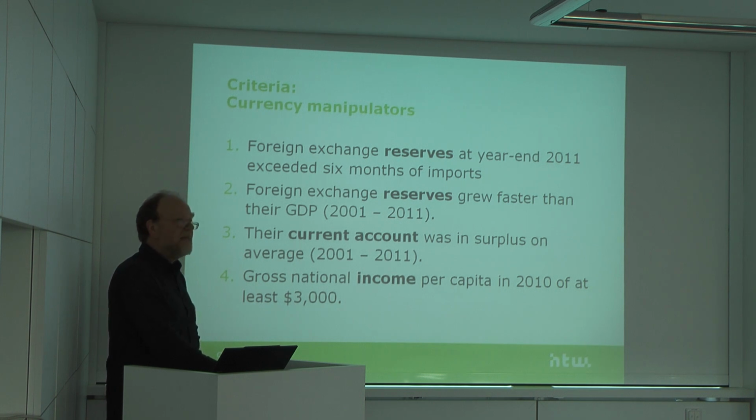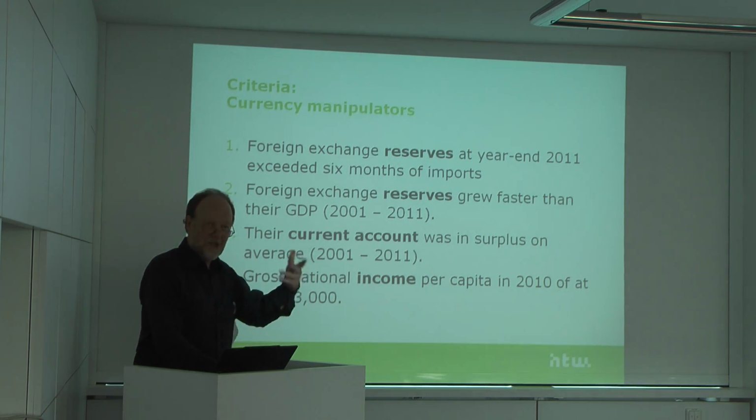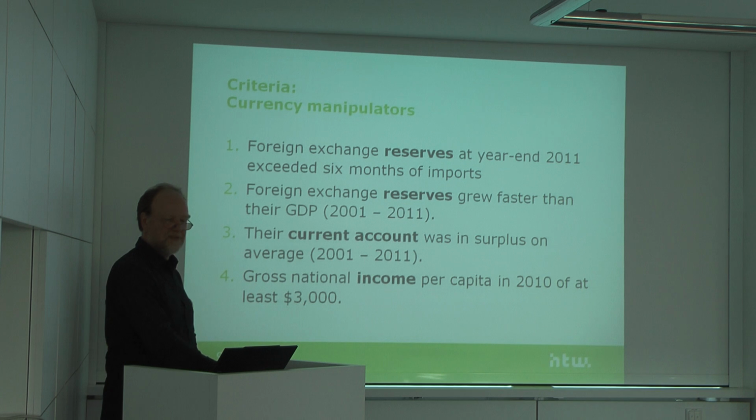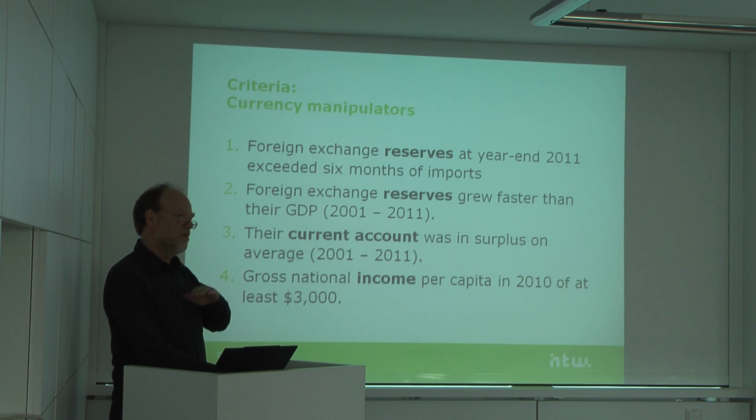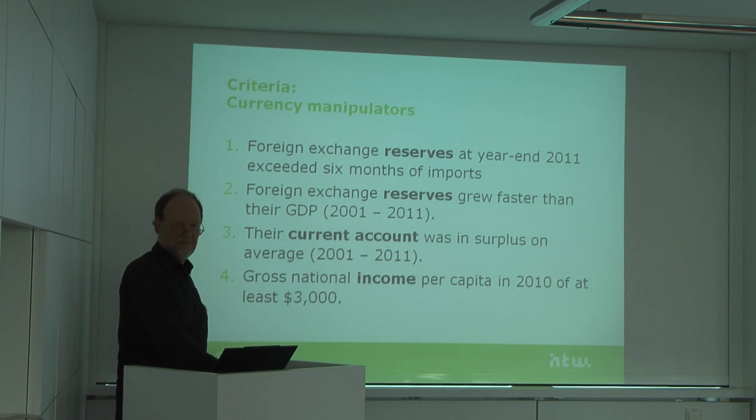In order to define exactly what manipulators are, 4 criteria are developed here. It's the level of the foreign exchange reserves, if they exceed more than 6 months of imports. It's the growth of the reserves, if they grow stronger than the GDP. It's the current account that I look at, and it's a minimum requirement of income level.